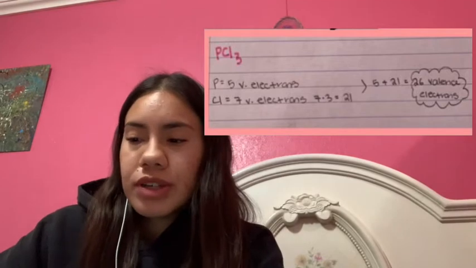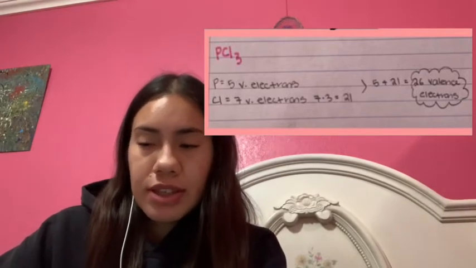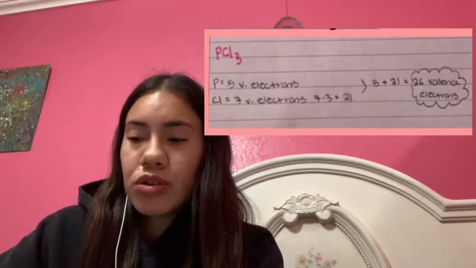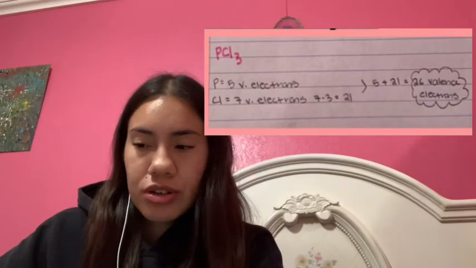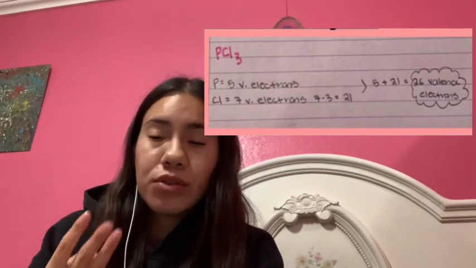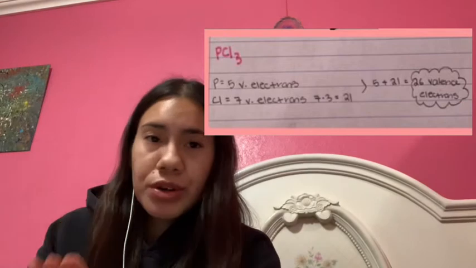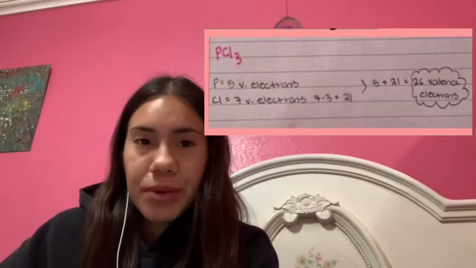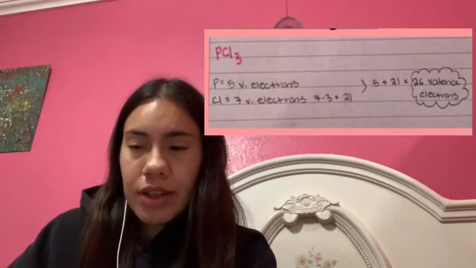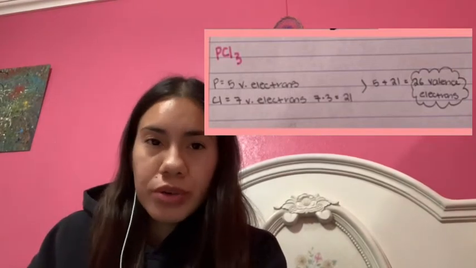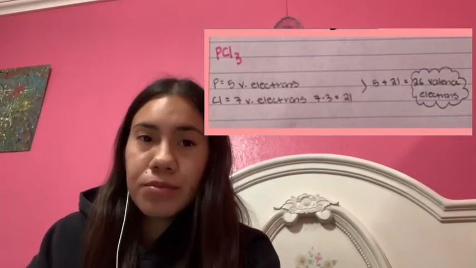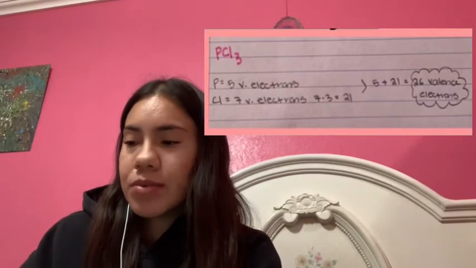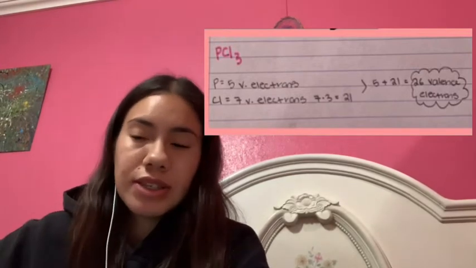We know phosphorus has 5 valence electrons, and chlorine has 7 valence electrons. But since we have 3 atoms of chlorine, we multiply 7 by 3 and get 21. We add 21 and 5 from phosphorus, and we get a total of 26 valence electrons.